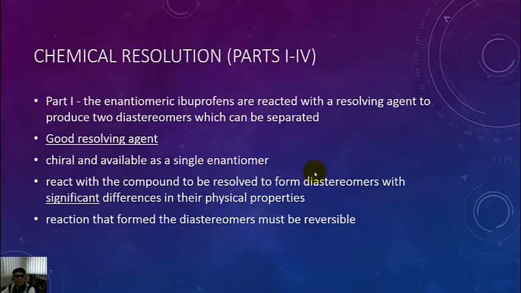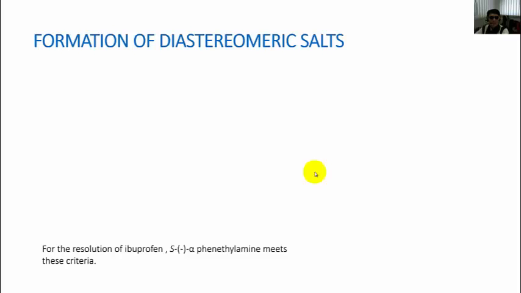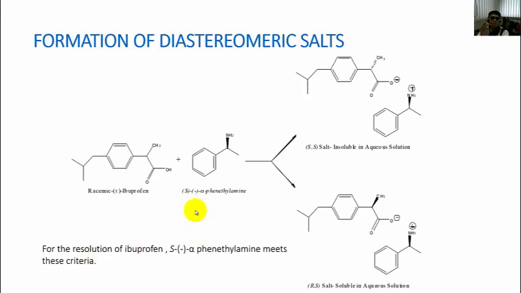Now for this resolution of ibuprofen, the S-negative alpha-phenylethylamine meets these criteria. Ibuprofen is a chiral carboxylic acid. It will undergo a reversible acid-base reaction with the basic S-negative alpha-phenylethylamine to produce two diastereomeric salts.